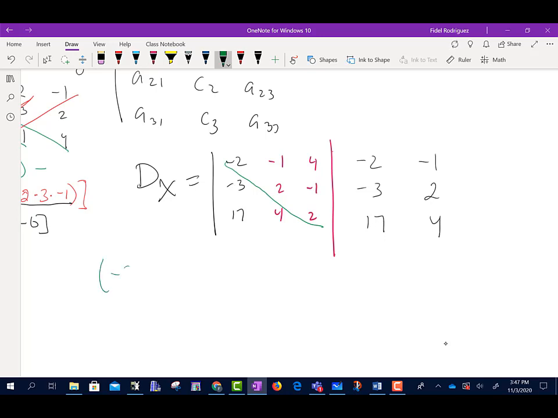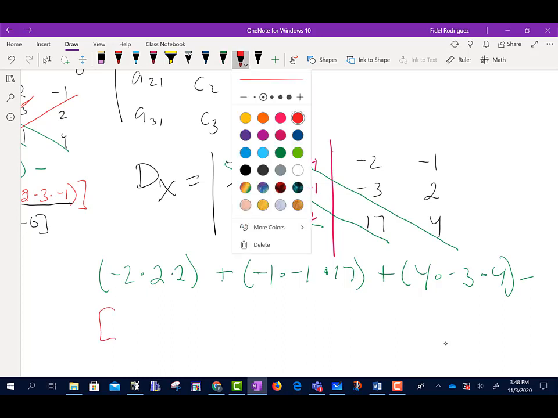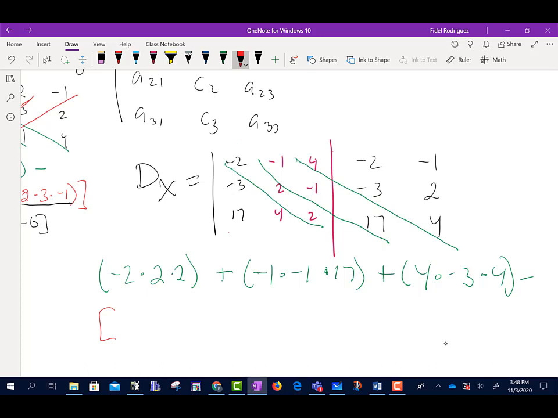All right, so we're going to go -2 times 2 times 2 plus -1 times -1 times 17 plus 4 times -3 times 4 minus, okay, oops, now we're going to go this way.